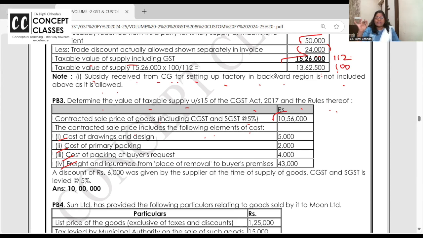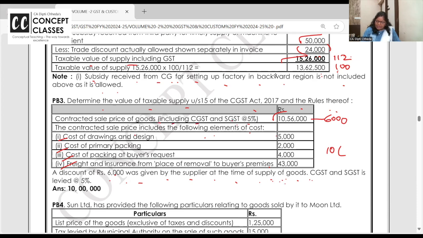If it is not included, then incidental expenses should be added. But if it is already included, no problem. Discount of 6,000 was given by the supplier at the time of supply. So any discount given before or at the time of the supply, that 6,000 we have to minus, and on 10 lakh we have to charge.